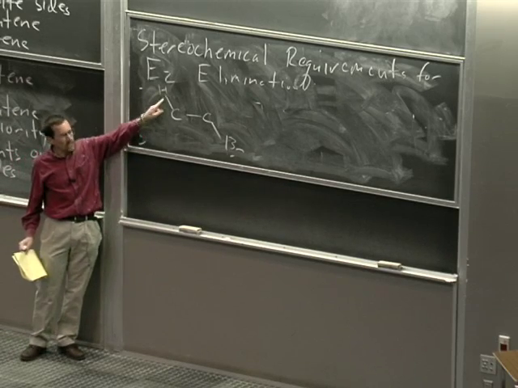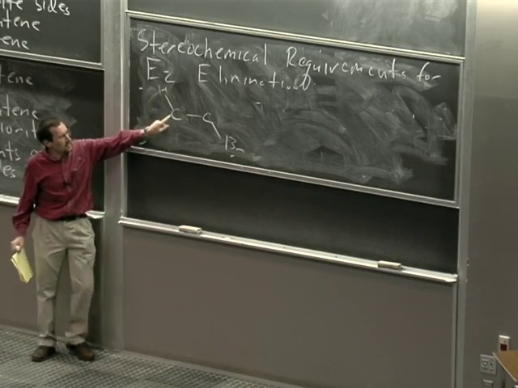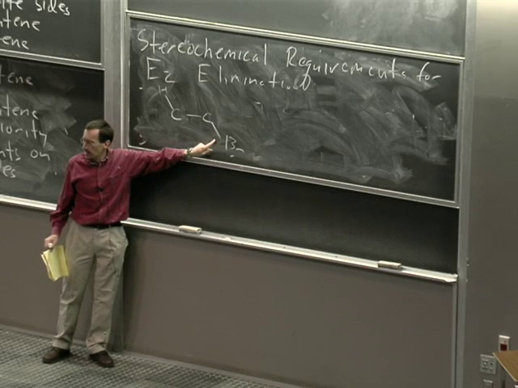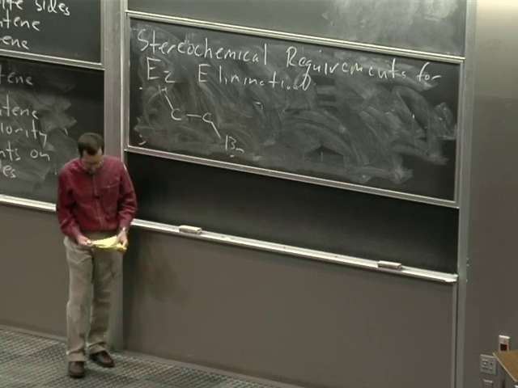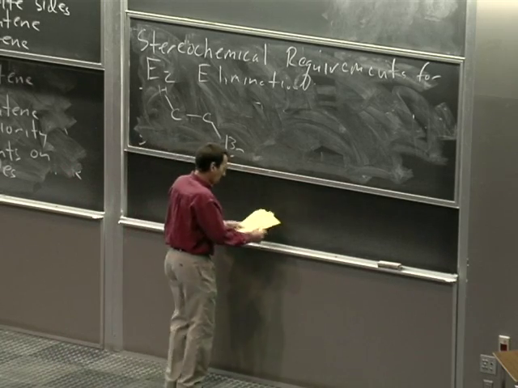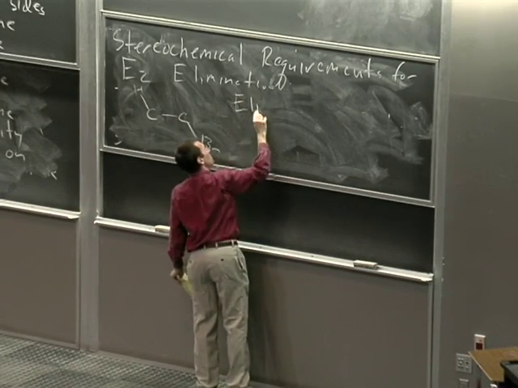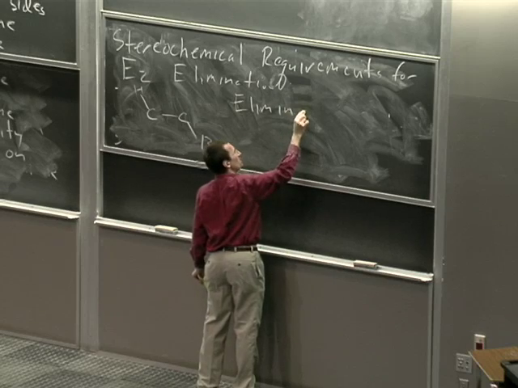Our hydrogen is going to come on the opposite side from the bromine. The carbon-hydrogen bond is opposite to the carbon-bromine bond. We'd say that there's an anti-relationship here. We'd say that elimination occurs in an anti-fashion.